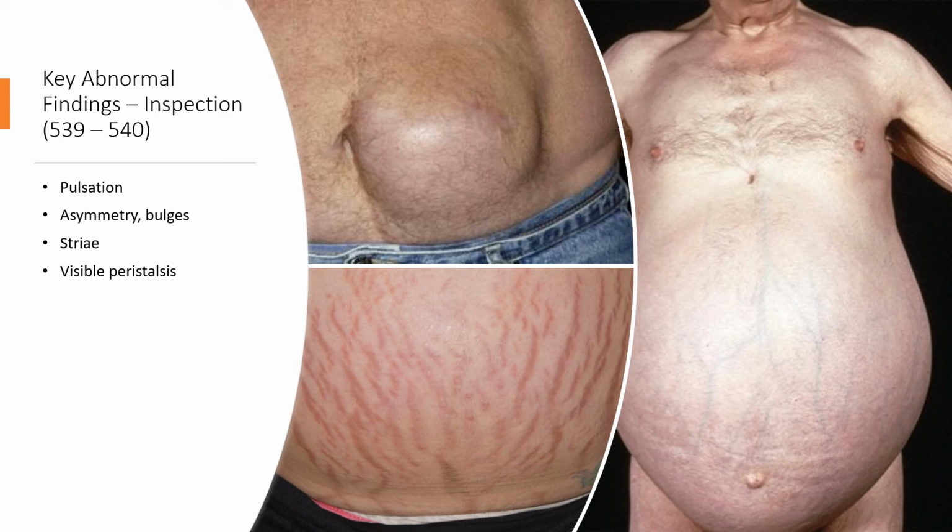Now, on the far right of this slide, this is ascites, and this is a distended abdomen, and this guy is full of fluid. And if he was laying flat, you could tell he was full of fluid because the fluid would actually kind of fall to the sides, and his abdomen would kind of droop on the lateral sides, like over his hips and over his rib cage there.